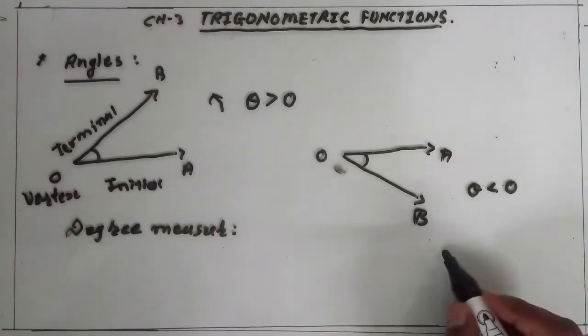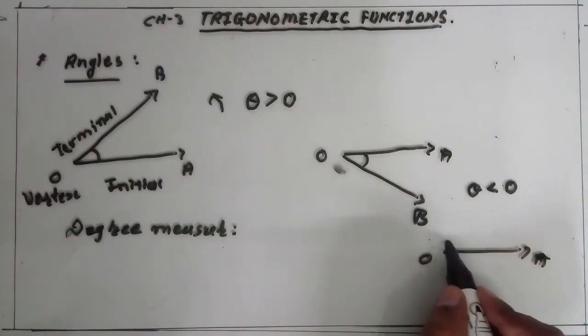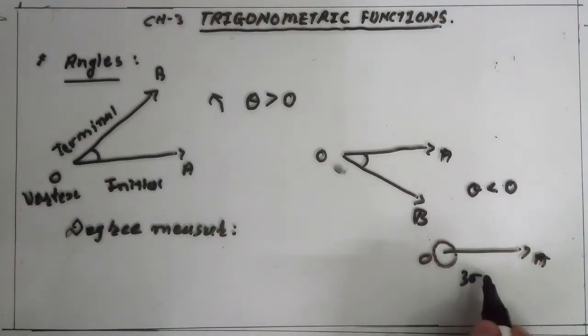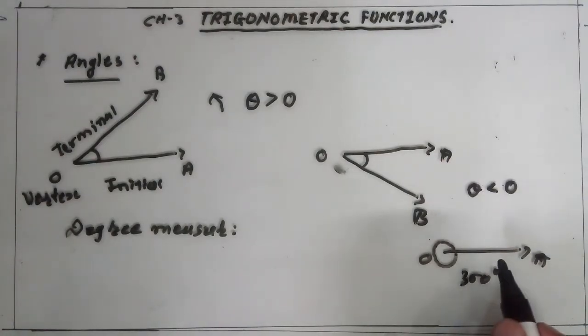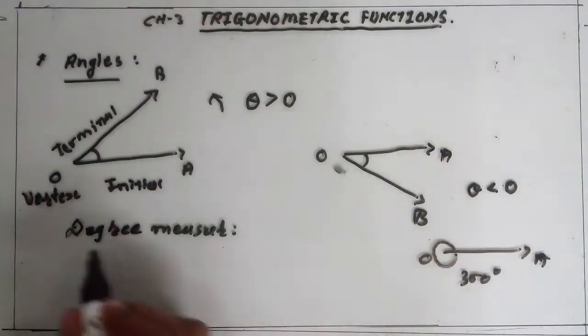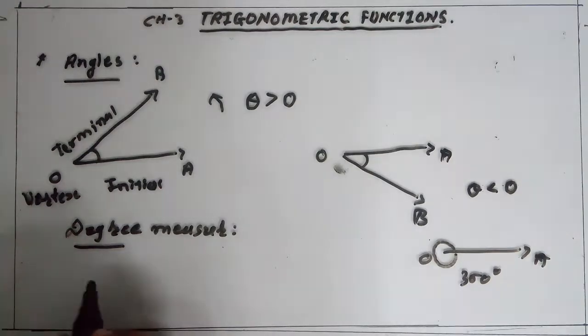If we rotate ray OA one complete revolution, then we get 360 degrees. So 1 by 360 part of one revolution is called a degree. Clear this?